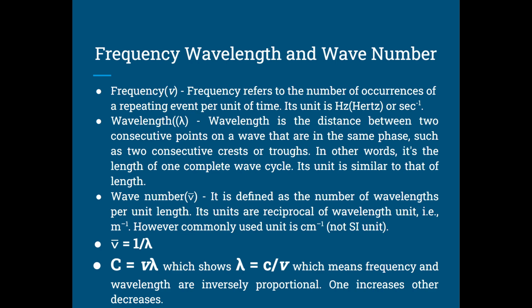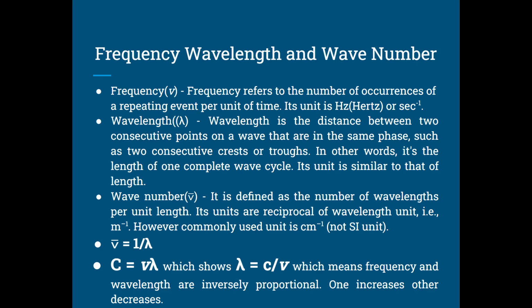Frequency is when an event repeats itself in a particular unit of time. For example, if a person drinks 20 glasses of water in a day, then his frequency of drinking water is 20 glasses per day. But if another person drinks only 12 glasses, then his frequency is 12.